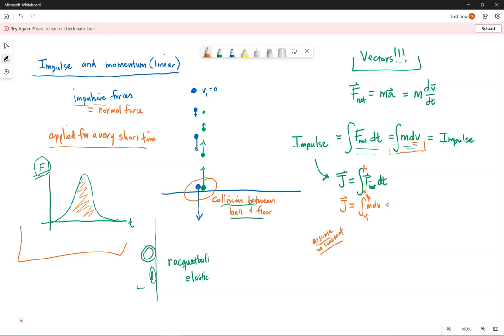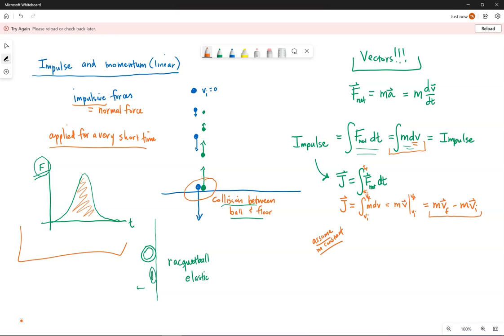In the assumption of mass being constant, I'm just going to get mass times v, evaluating this between some v initial and v final. And that v is a vector, so I didn't drop my laziness of vector notation very long. We can say the impulse is equal to this quantity of mass times velocity at a final moment in time minus mass times velocity at an initial moment in time.